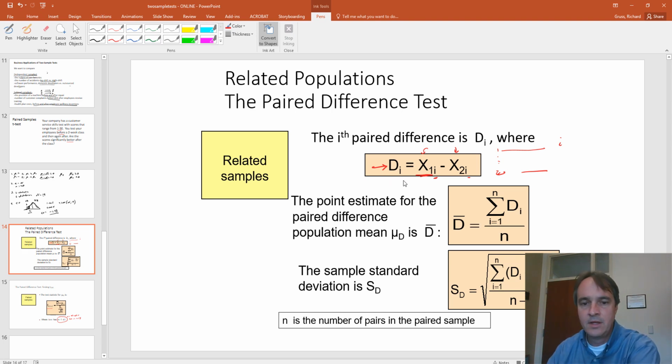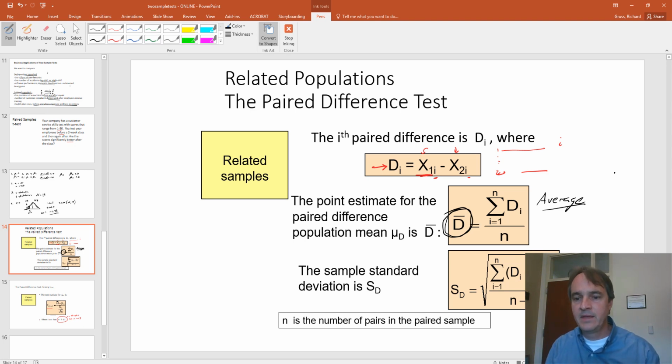What we want to do now is find d bar. Remember that bar just means average. So we're looking at, on average, what is the difference? This is just the formula for the average, where we add up all the differences from 1 to n, where n for us is 20, and then divide by 20.